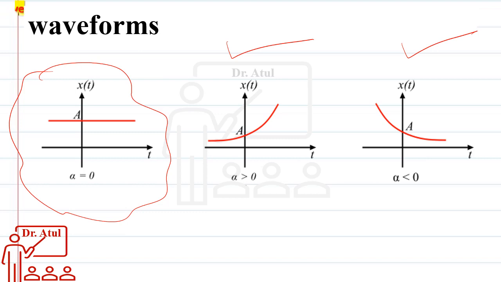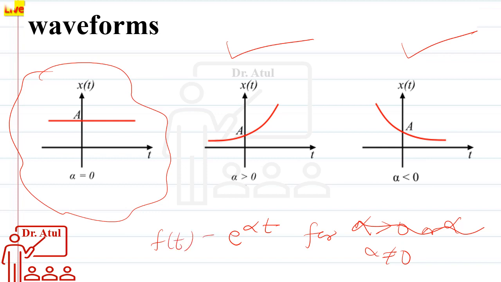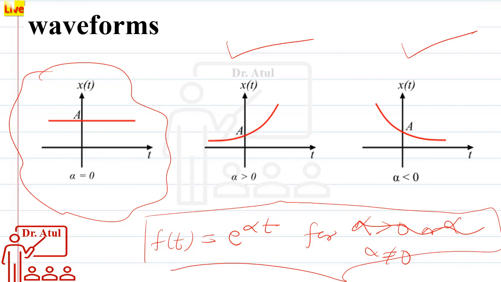So f of t equal to e to the power alpha t, for alpha not equal to 0, is an exponential signal.